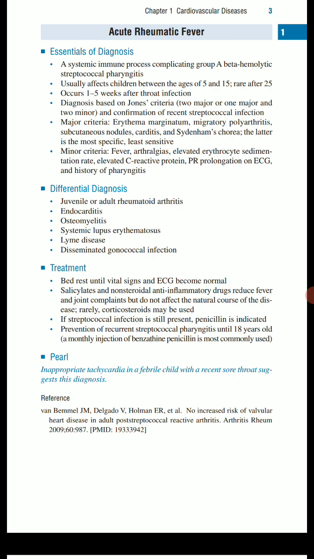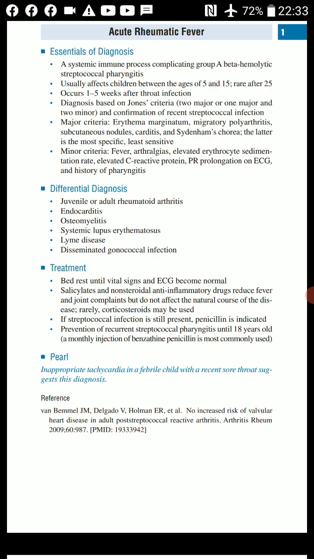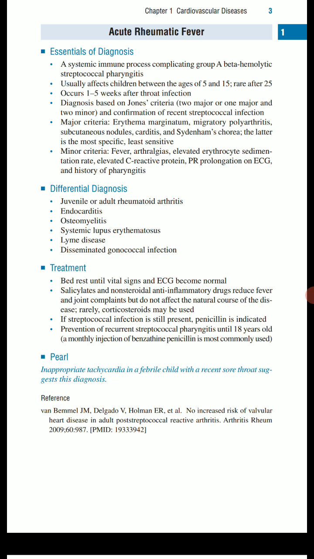What are some of the investigations someone can do for rheumatic fever? We can do blood investigations and imaging. In blood, we are going to look for a raised erythrocyte sedimentation rate. Then we are also going to run an anti-streptolysin O titer, called ASOT.